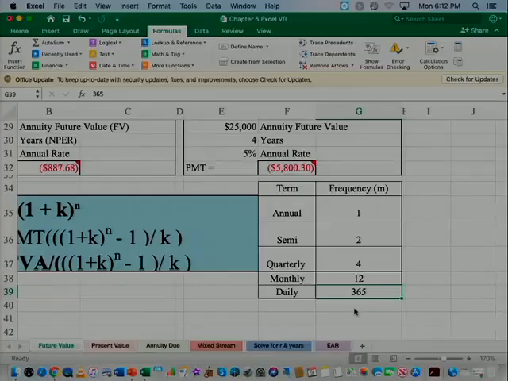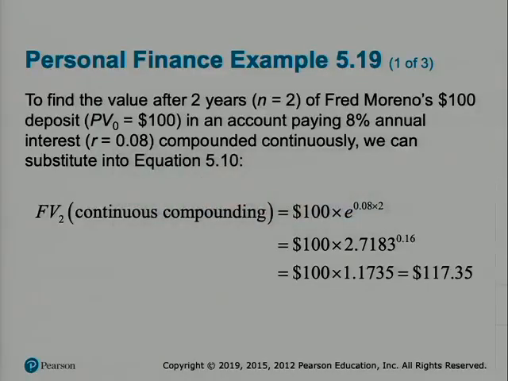I don't know if I have that. Okay. There should be a formula in Excel where it would be E as a variable to the exponent of 8% times 2, because it's 2 years at the 8%. But they want to do continuous compounding for those 2 years, meaning it's compounding continuously.